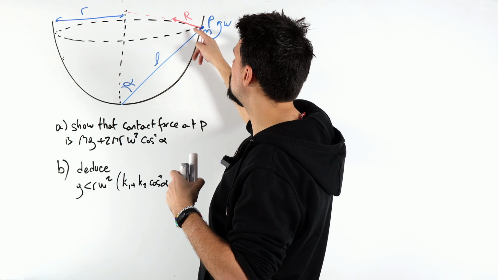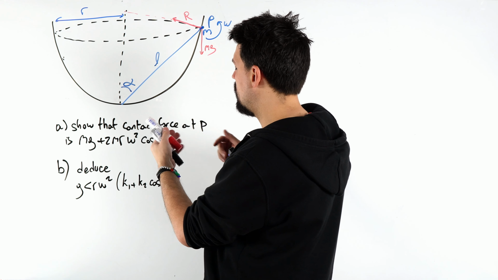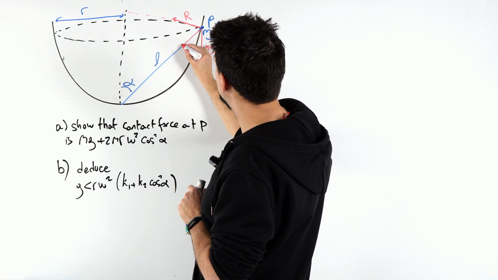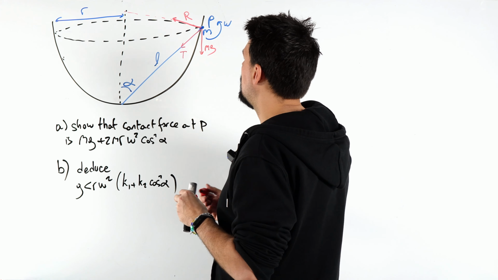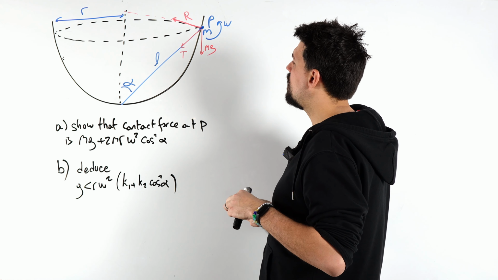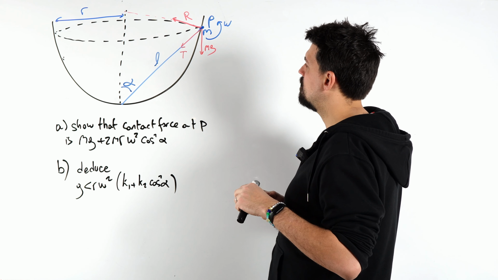This is why we need it to be smooth, because then it is heading straight into the middle. And we finally have some tension in this string.